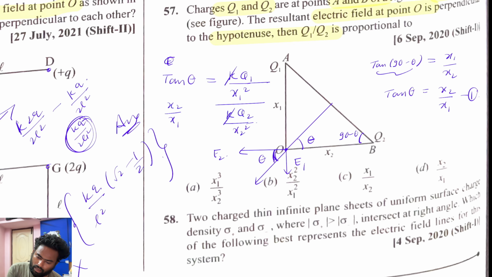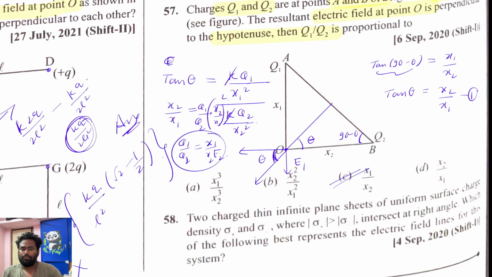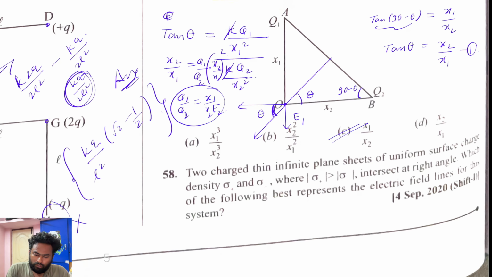So k cancels. So we get Q1 by Q2 into x2 by x1 whole square. So what is the value of Q1 by Q2? It will be x1 by x2, option number C. Okay. Moving forward to the next question.